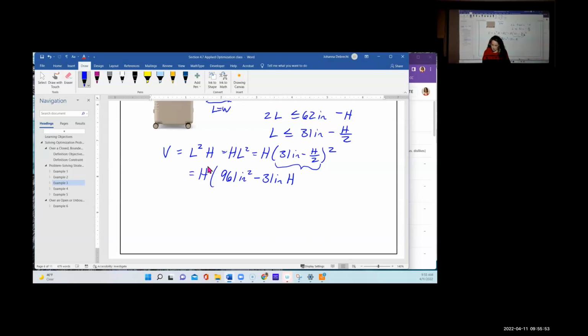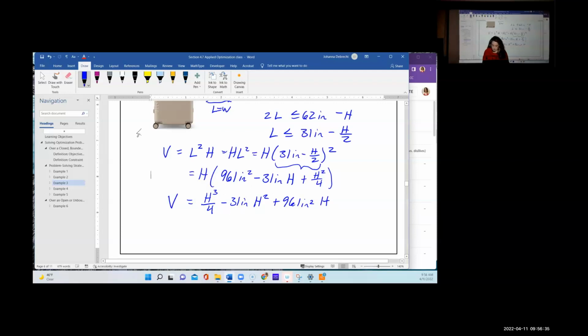And then negative H over 2 squared would be plus H squared over 4, I believe. So now what I want to do is distribute the H and write it in descending order. So I'm going to have H cubed over 4 minus 31 inches H squared plus 961 inches squared H. And that's my volume, right?